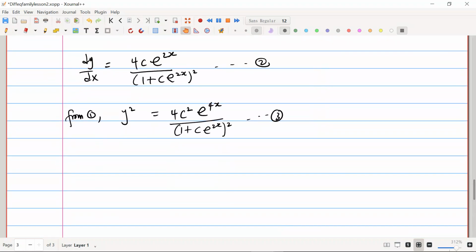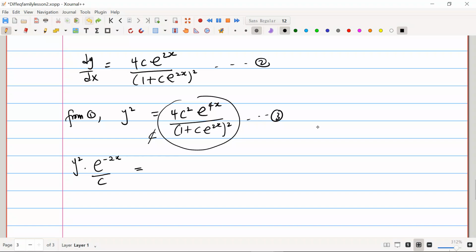If I do multiply y squared times e to the negative 2x over c, what would that give me? If I divide this whole thing by c, one c goes and this other thing will go, right?